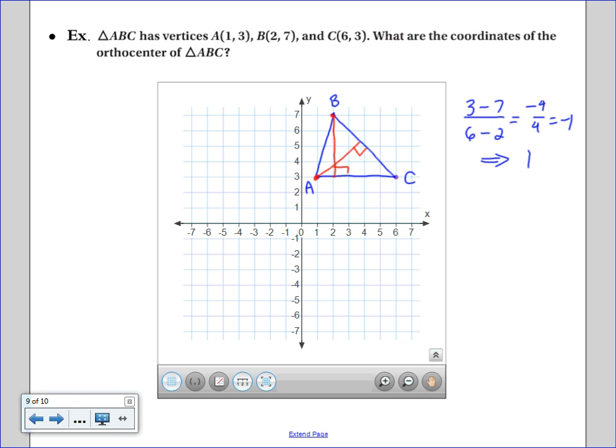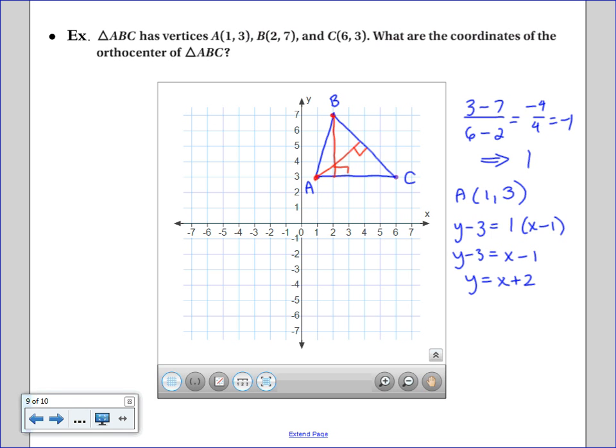So the altitude that goes from A over to BC must have a slope of positive 1. The point that it goes through is the point A, which is located at (1, 3). And so now I have enough information to write the point-slope equation of that line, and then get it into slope-intercept form.